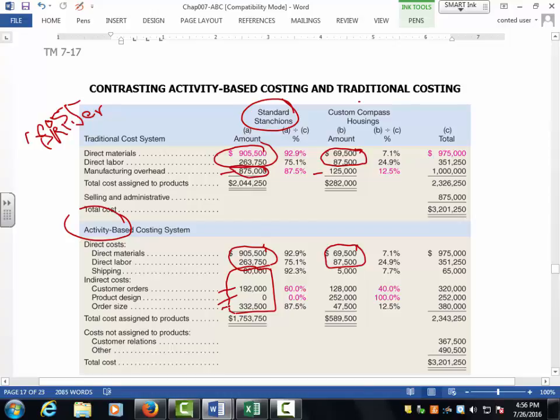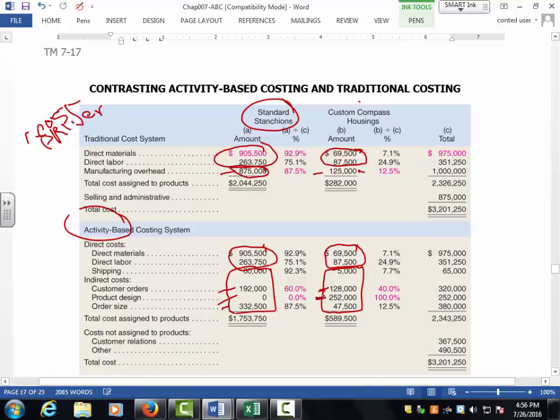Under the custom, then they're going to absorb under the traditional approach the 125, but notice that because of the customization, then the shipping is going to be added in, but notice that customer orders has to absorb 128.